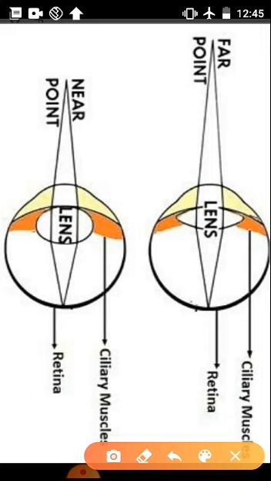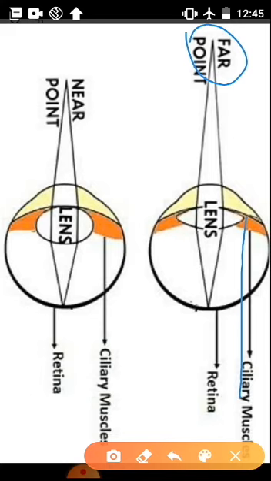How can we get a clear image of a distant object? The far point is also distant. When the object is placed at a particular distance, we can get a clear image when the ciliary muscles relax.